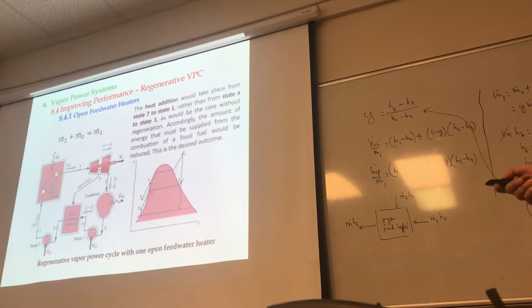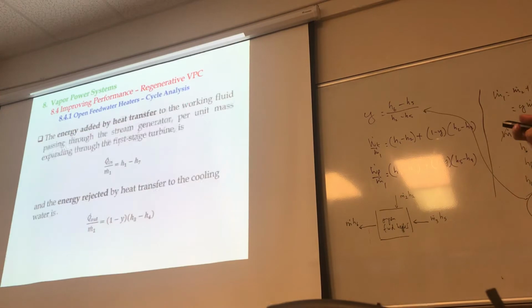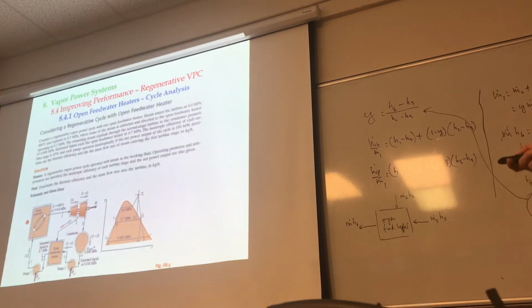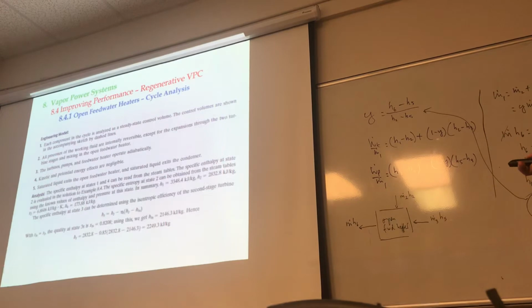Why is that? Because the condenser is here, and only a 1 minus y fraction of the mass flow rate is going through it. Again, just by looking at this, you can rewrite those equations directly. I'm not even going to go through this exercise, and I don't think you should either. Well, maybe you should, just as practice.